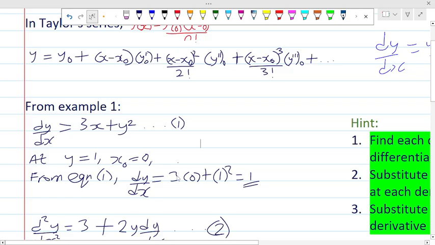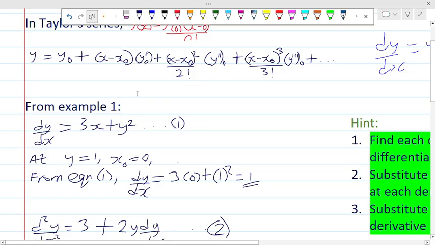So 3 multiplied by x is what? 0, you put the 0, plus y squared, y is what? 1, so you have 1 squared. You solve it and you have 1 here, meaning dy/dx is the same thing as 1. So here we have y prime, we are going to put 1 in this equation. Okay, I hope that's clear.